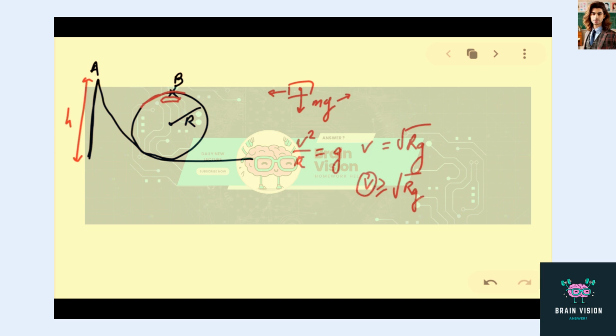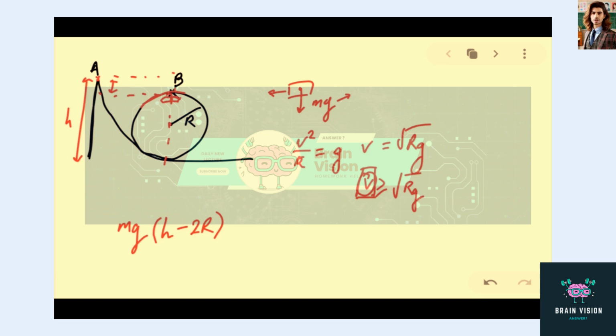Now to get this amount of velocity, it means that from point A to point B, the change in potential energy must be converted into kinetic energy, and this kinetic energy must provide sufficient velocity. So this change in height is h minus 2r, since the height of B is 2 times the radius, times mg.